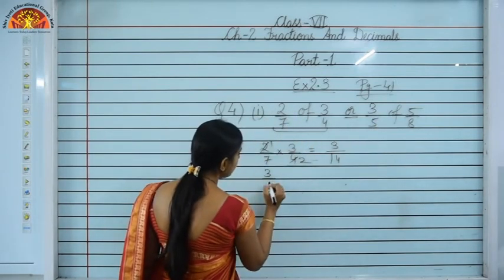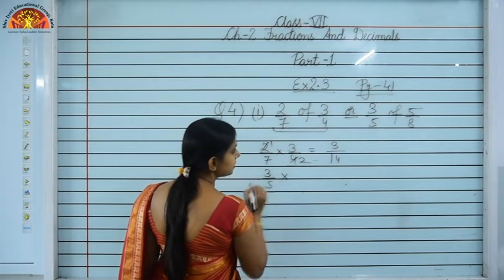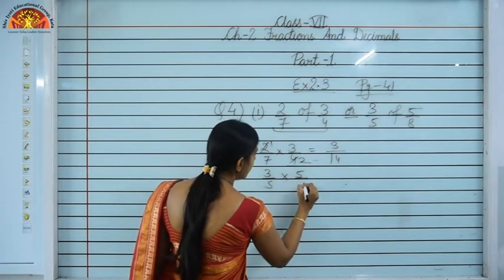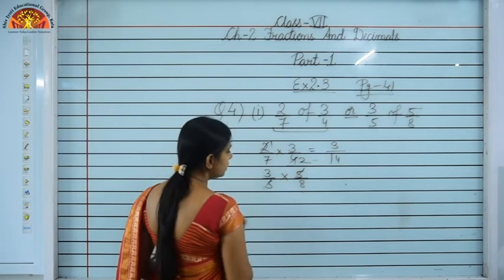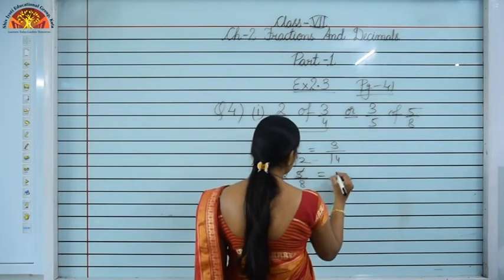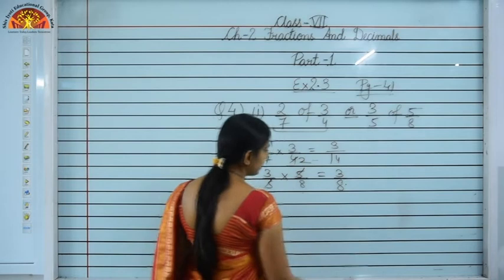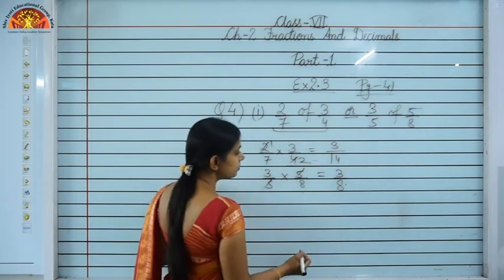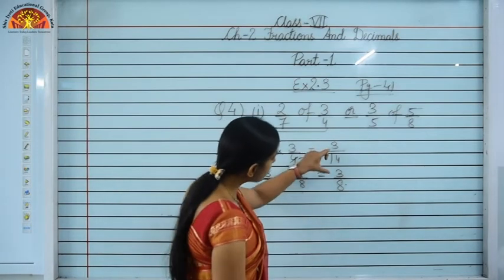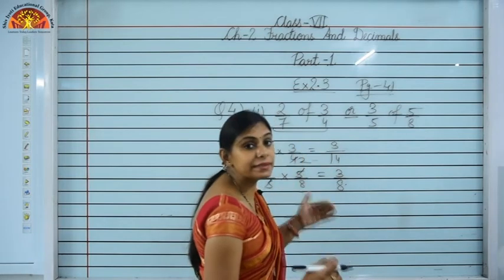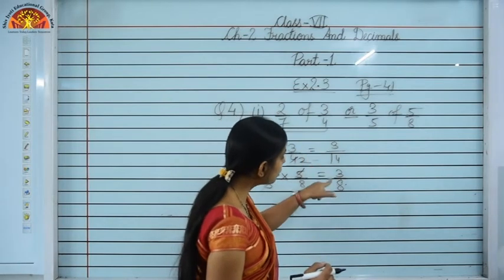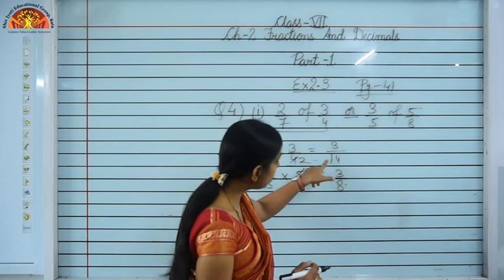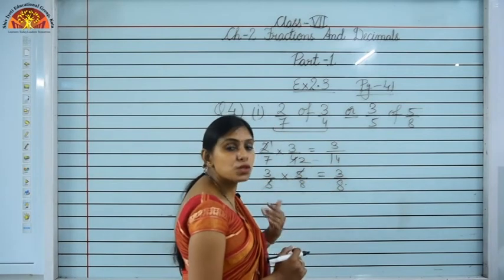So we can just write 3 upon 5 of means multiplication into 5 upon 8. So it will just get cancelled. So it comes out to be 3 upon 8. Okay. Now you can see children that the numerators are same, but it doesn't mean that they are like fractions, because the denominators are different. Here it is 14 and here it is 8. So what you have to do?